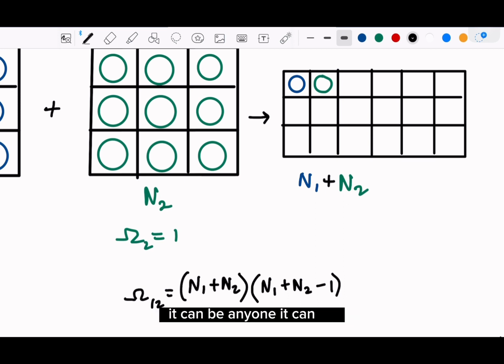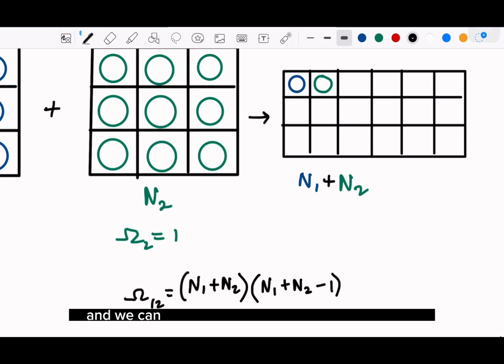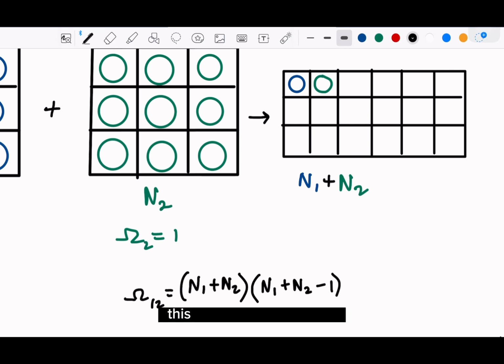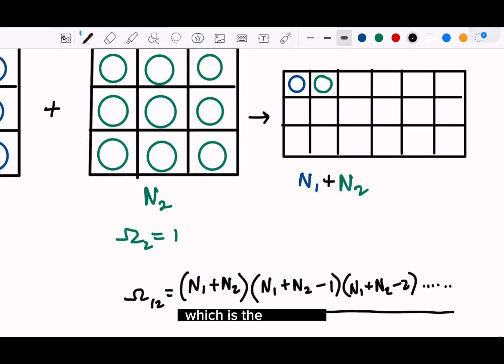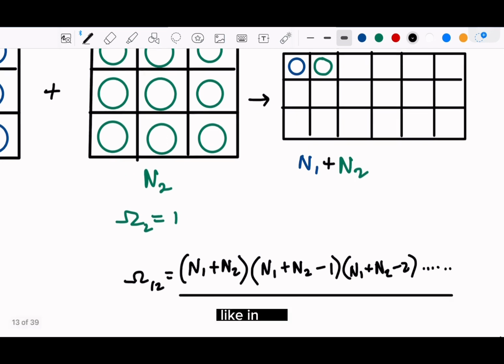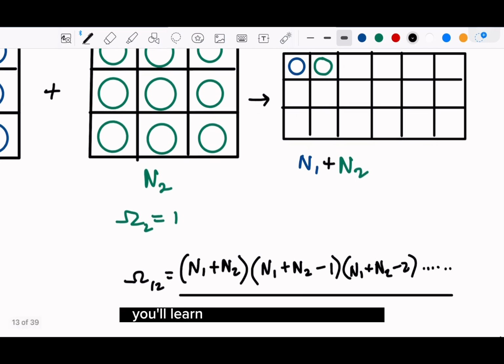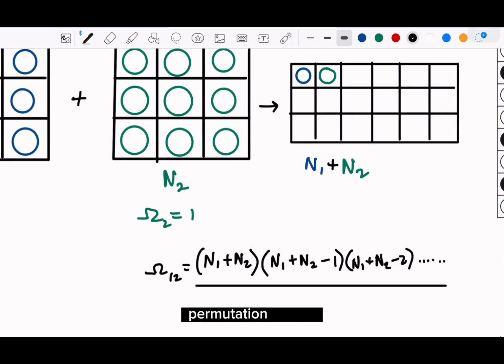It can be N1, it can be N2. And then we put 2, and we can write minus 2, and so on and so forth. This will be a factorial. And divide by the total, which is the factorial. I think in mathematics you learned a little bit on combinations and permutations, right?